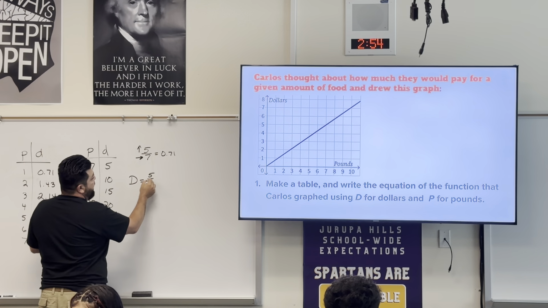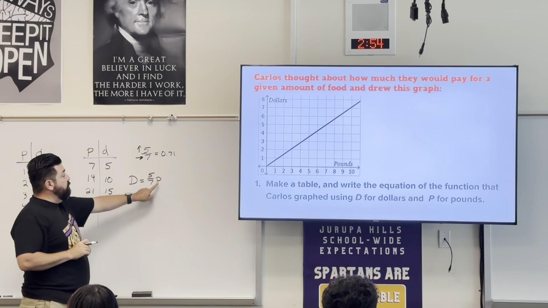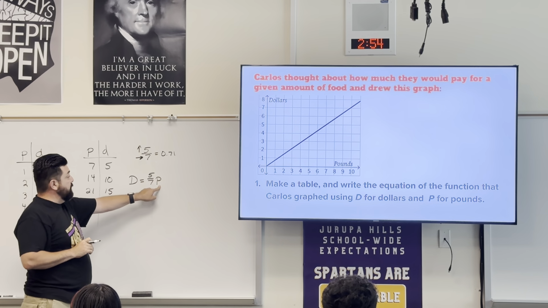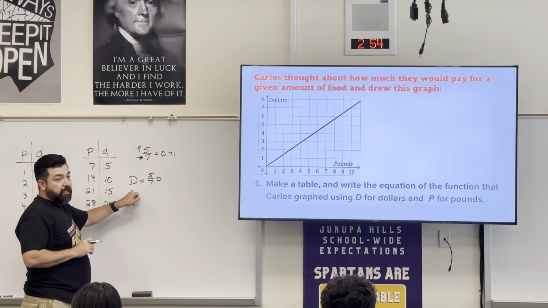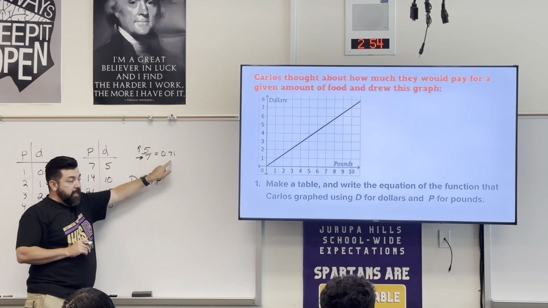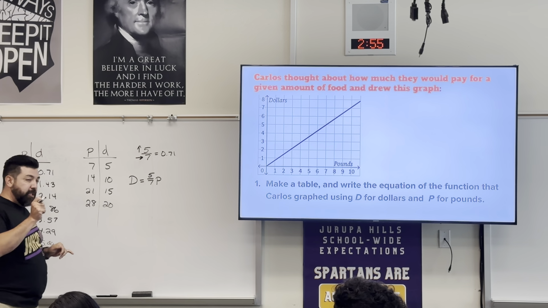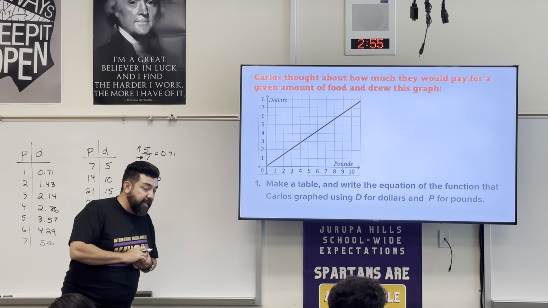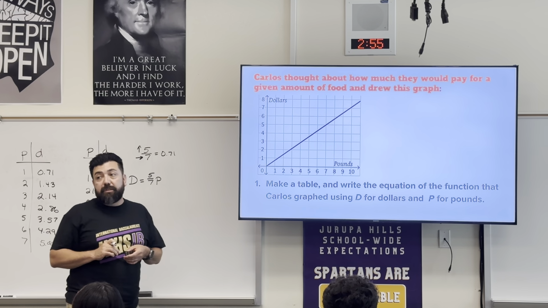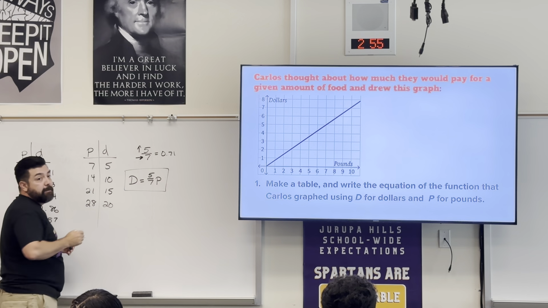So if I have 1 pound, it's going to cost me 5/7 of a dollar. 5/7 of a dollar is 71 cents. And then did you just basically start plugging in the numbers from here? And I'm sorry, your name is? Alexa. So does anyone else have the same equation as Alexa?